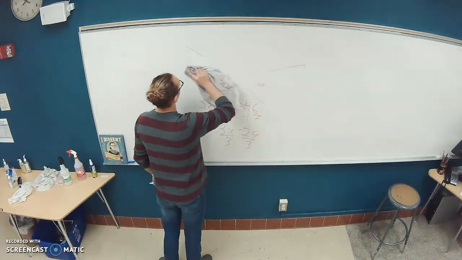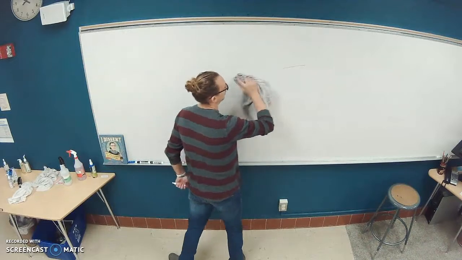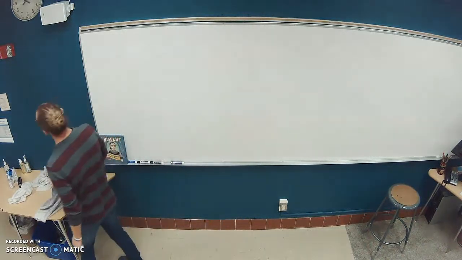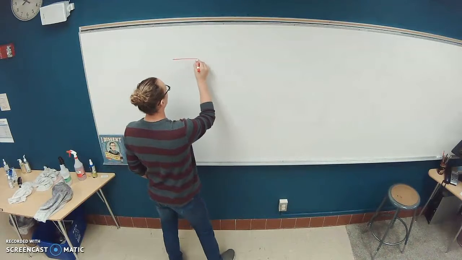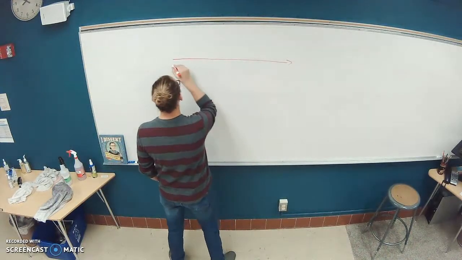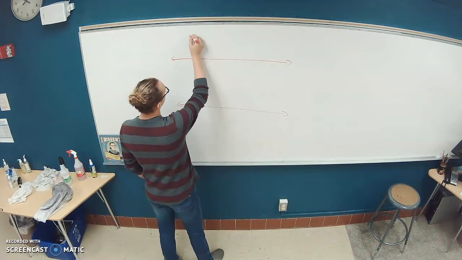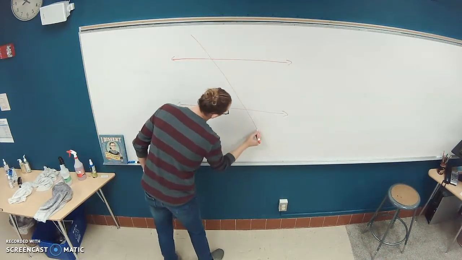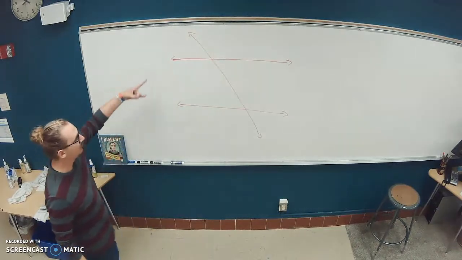Let me give you just one more problem, and then I will set you loose to work on the homework. Let's do a parallel line. All right, so we've got these two parallel lines.